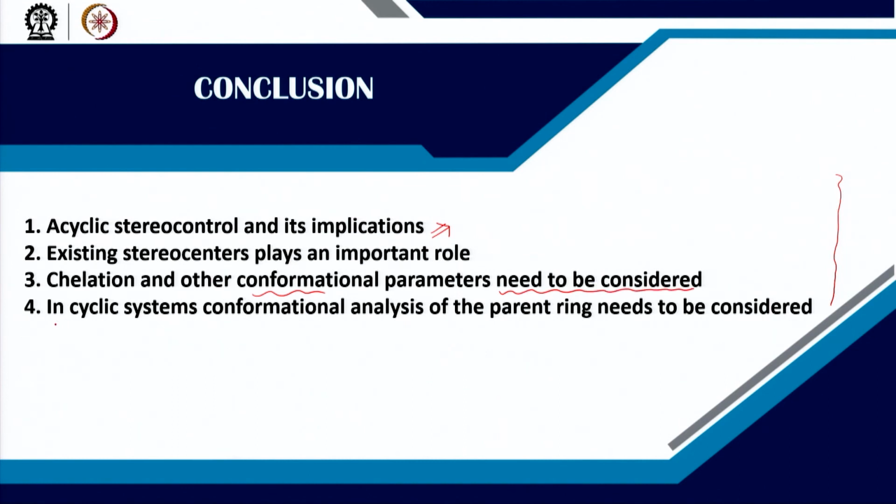And mainly in cyclic systems, conformational analysis plays a very important role, because cyclic systems always have a conformational bias, because rings have a typical tendency to adopt well defined conformational structures. Okay. So, we will talk about related things in the subsequent lectures.